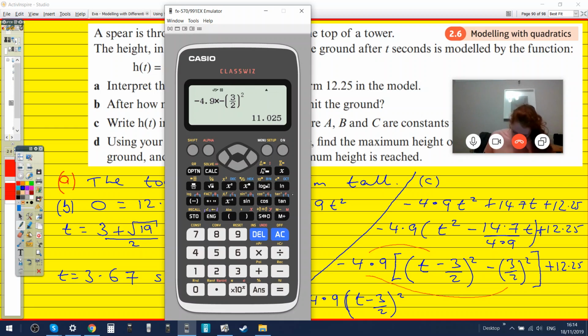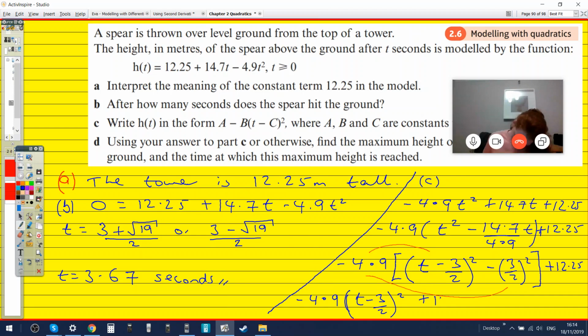I believe it will be positive 11.025 because it's a minus. Oh yeah, two minuses. So that is plus 11.025. What's next? We would then have the 12.25 on the end. Adding that. Yeah. What do you get?